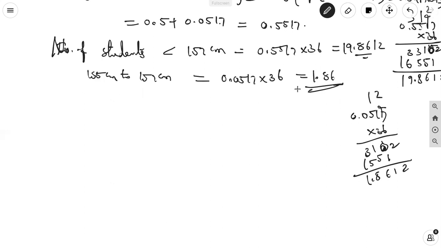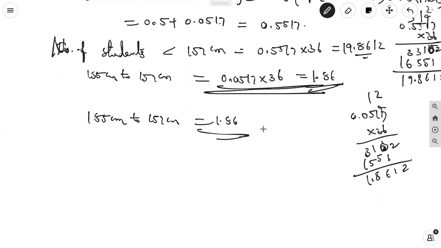Height of the students is less than 157 means the total is mean. Mean means in between of that only. So we are taking here, this is the 1.86, that is 155 centimeter to 157 centimeter is equal to 1.86.